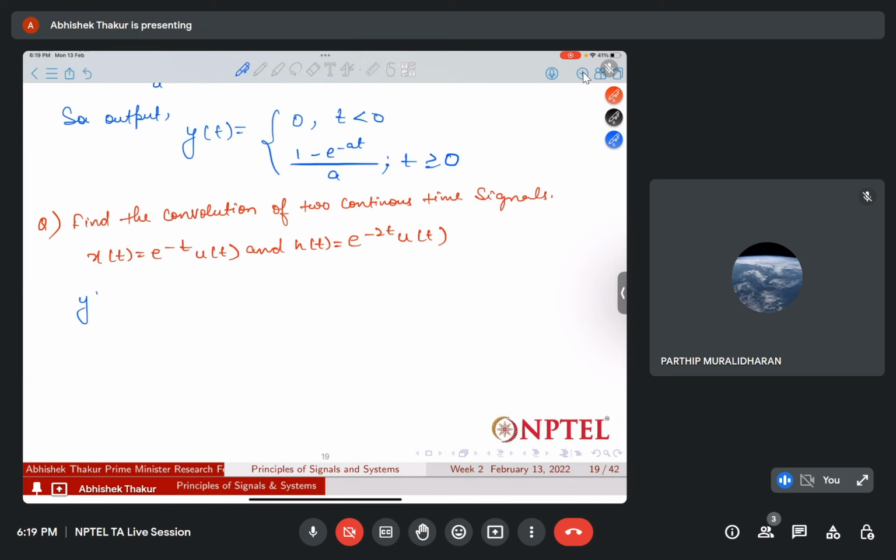So how will we find it? We will find it directly this time using the analytical method, that is the mathematical formula.